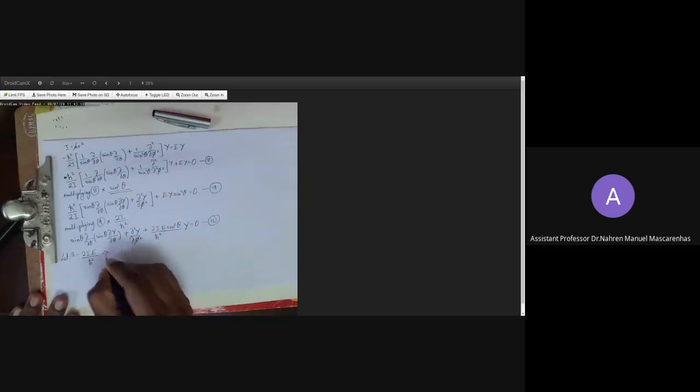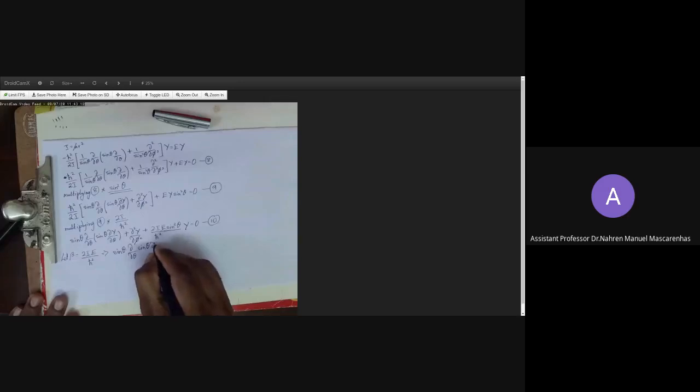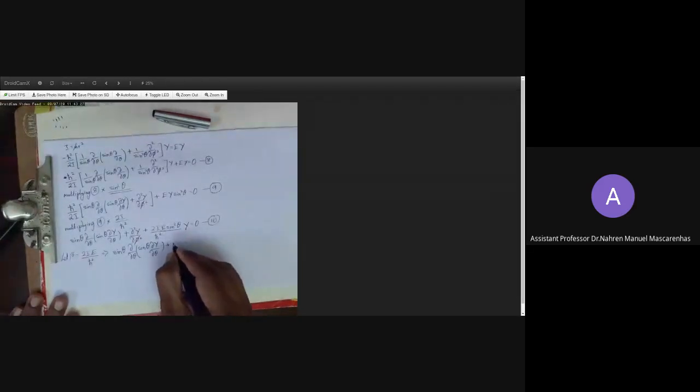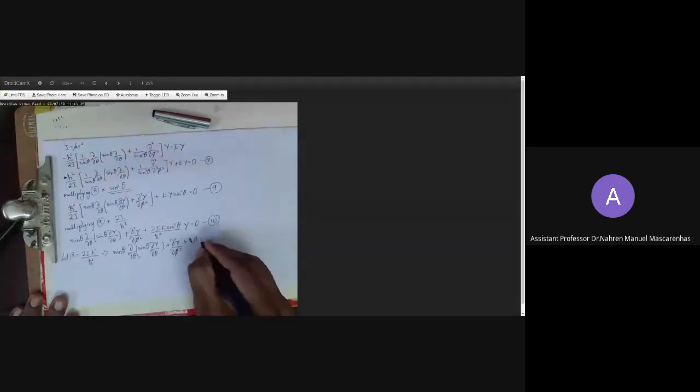If we substitute this, the equation will become sin theta dou by dou theta sin theta dou y by dou theta plus dou square y by dou psi square plus beta y sin square theta equal to 0. Okay.